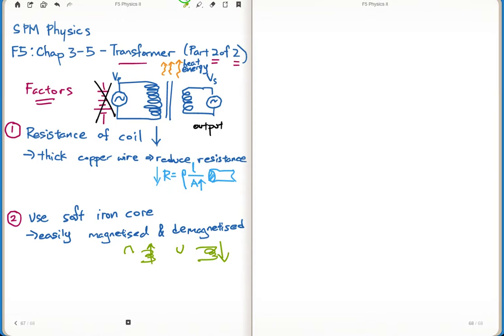In the reversal, you want to use a material which is a soft iron core, which is easily magnetized and demagnetized, so that less heat energy is converted during the reversal. The keyword is heat energy.